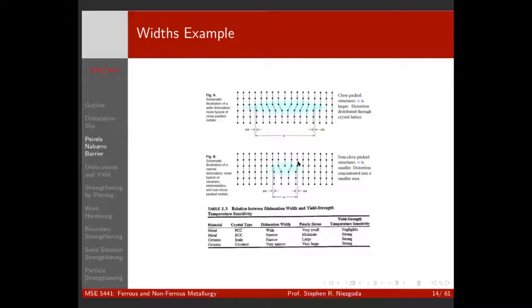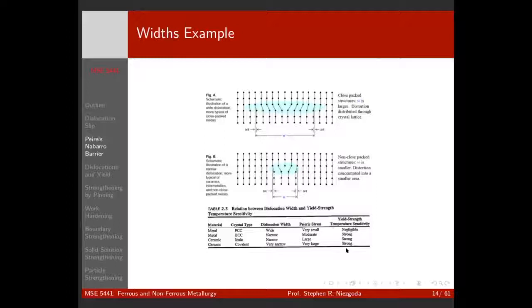The narrower the core, the greater the temperature dependence of the yield. So we can make observations that the core in a basal dislocation in HCP is going to be much more distributed than in a c+a type dislocation. And these are things we can actually now see with high resolution TEM.